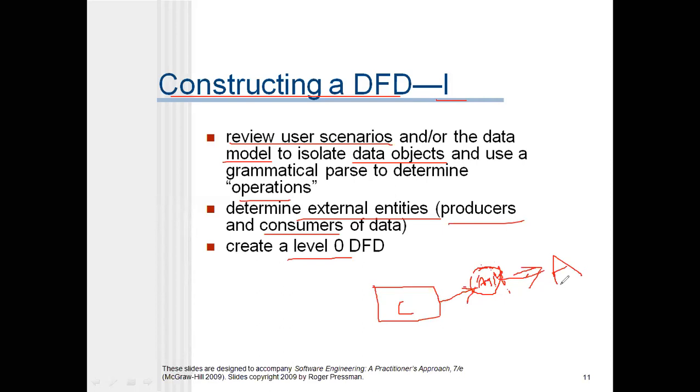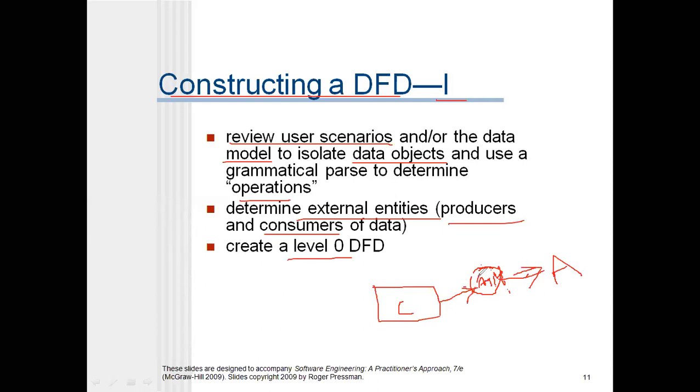If you draw like this, it's a 0th level representation. Like this you should think related to your project, whatever project you are going to handle. So what is the base level? Are there any external entities or not?